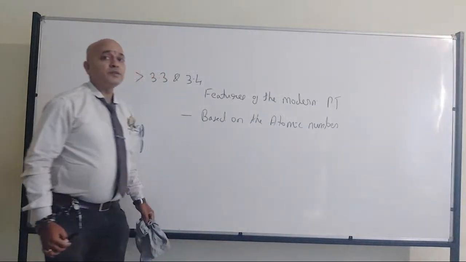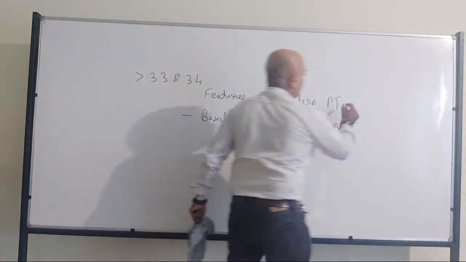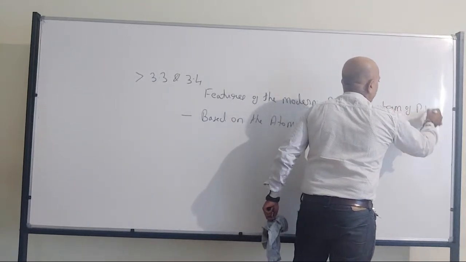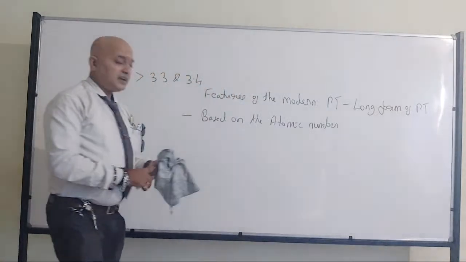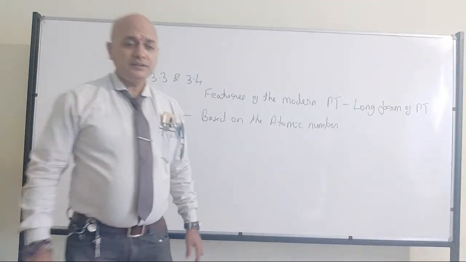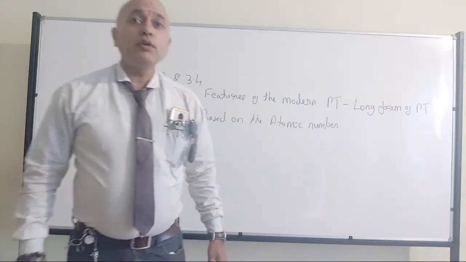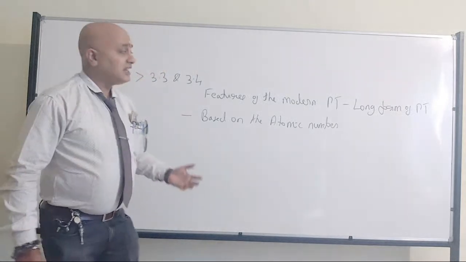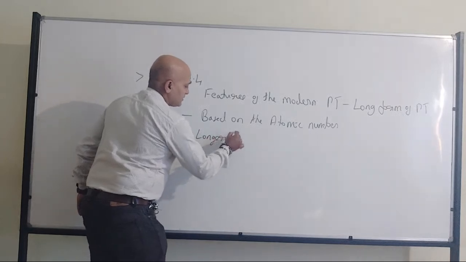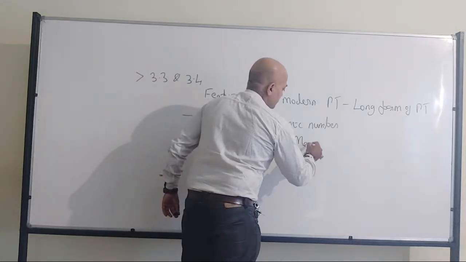The modern periodic table is also called the long form of the periodic table. Why should it be called the long form? That is because it is much longer than Mendeleev's periodic table.